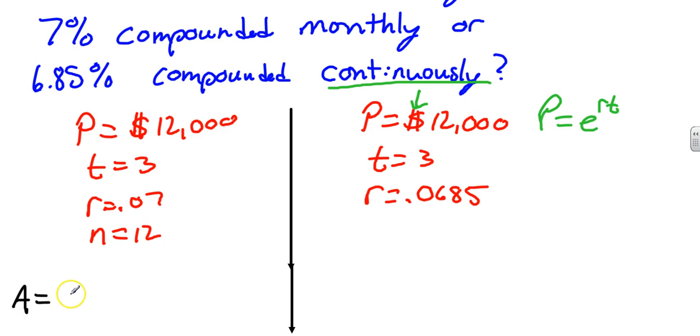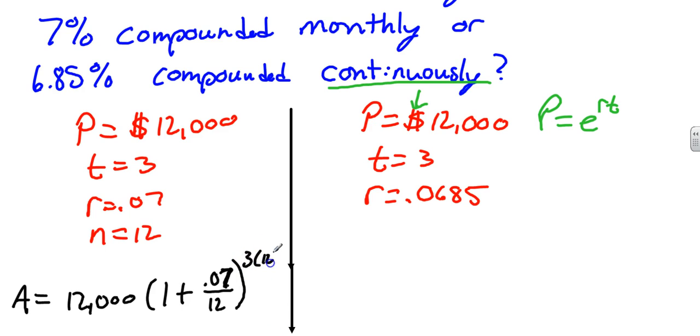Alright, so the amount we're going to get is going to be 12,000 times 1 plus the rate, 0.07, divided by 12. And then it's going to be 3 times 12 for the power.